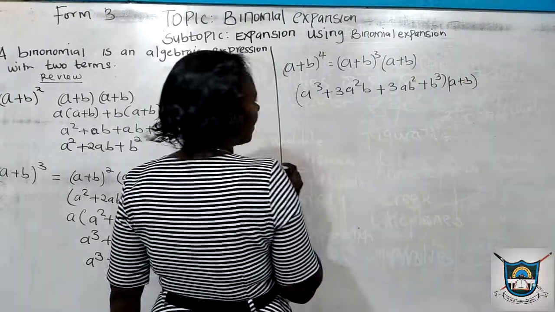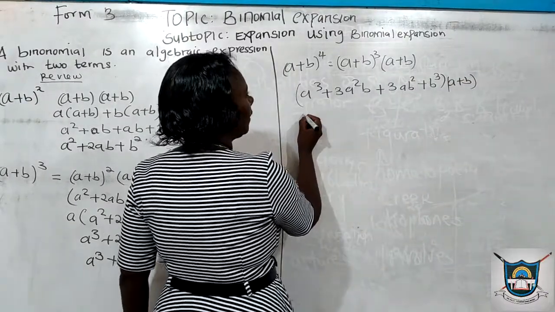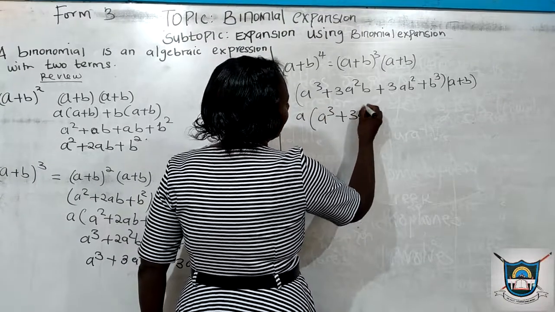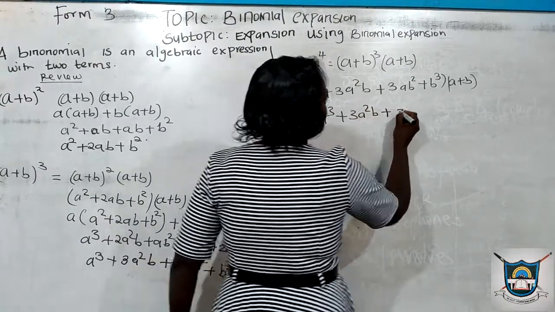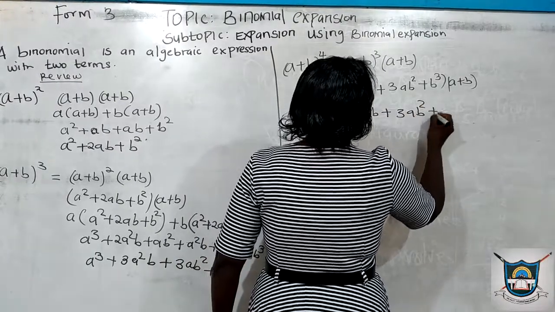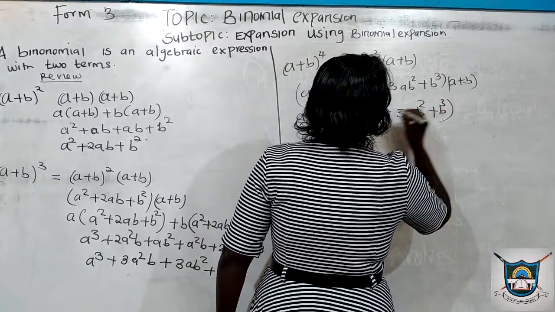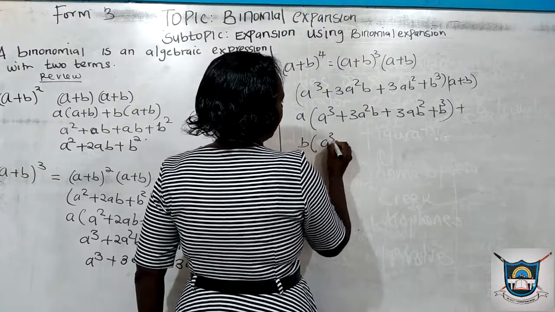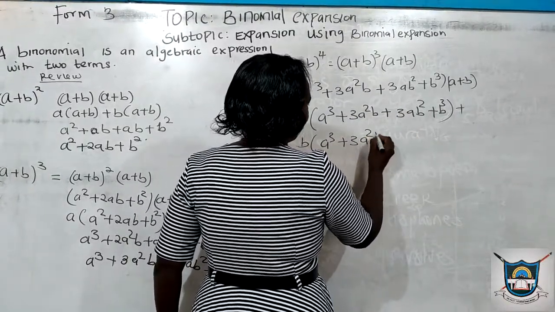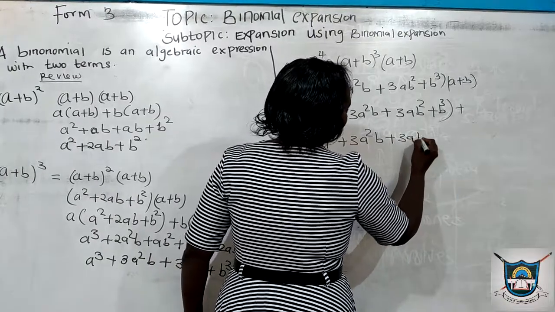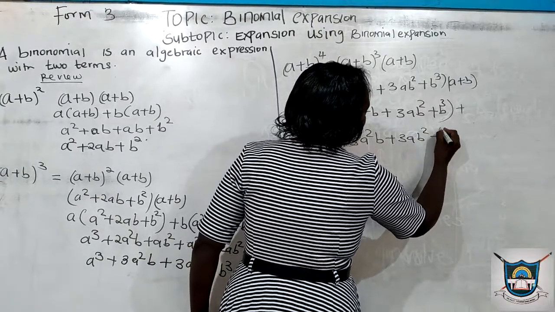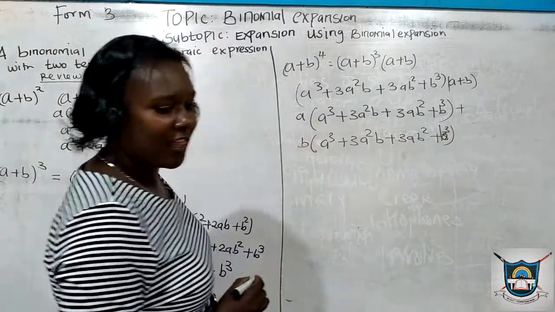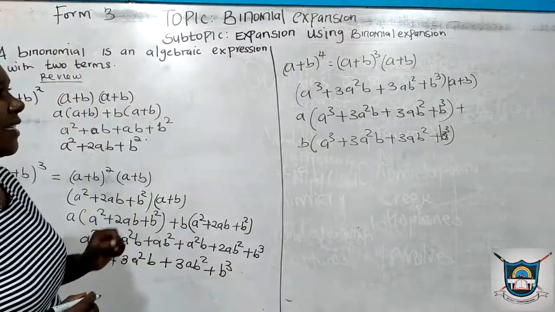If we multiply this, we will have a cubed plus 3a squared b plus 3ab squared plus b cubed, plus b multiplied by a cubed plus 3a squared b plus 3ab squared plus b cubed. So if we multiply all that, we'll be able to get it.